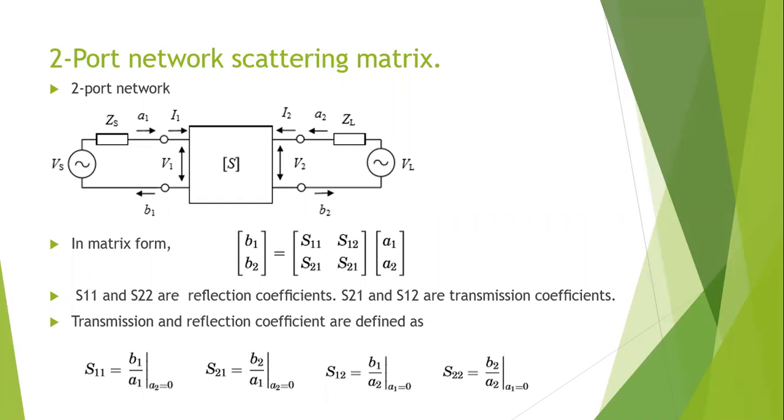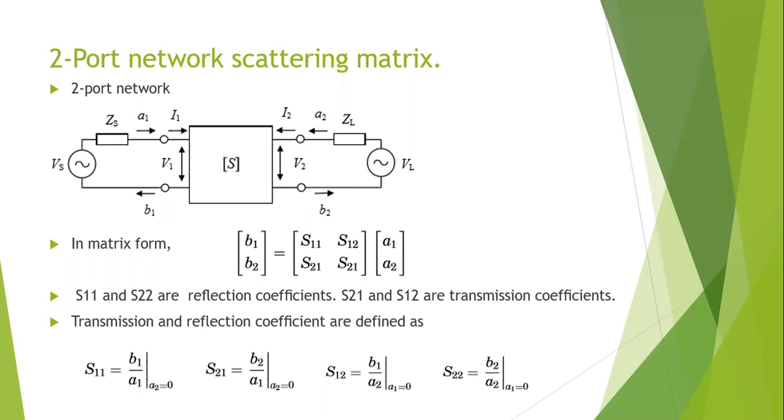In the notation S22, the 22 represents the same port 2. So when you inject power in port 1, S11 is the S parameter that gives the information about the reflected power coming out of the same port.